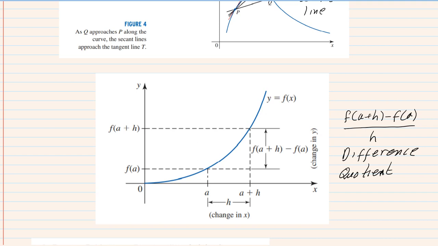Okay, difference quotient. So again, the idea here is that you're looking at the change in y over change in x as you go from one point to the next point right in here.